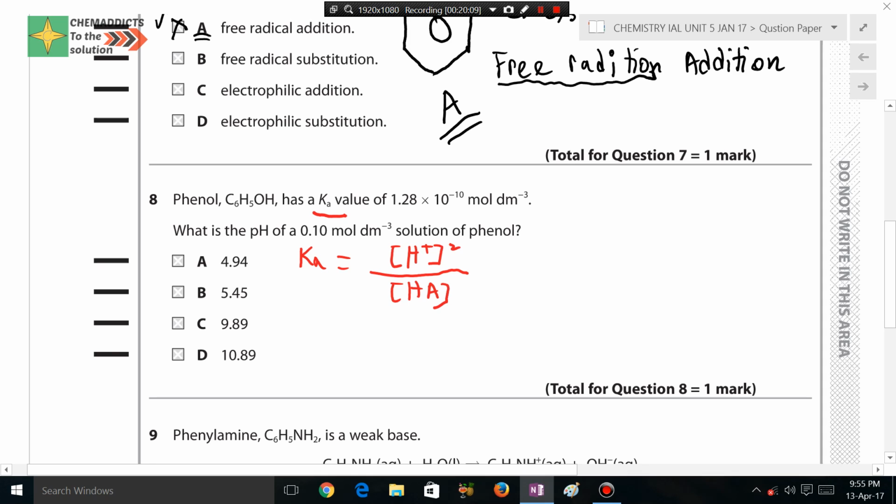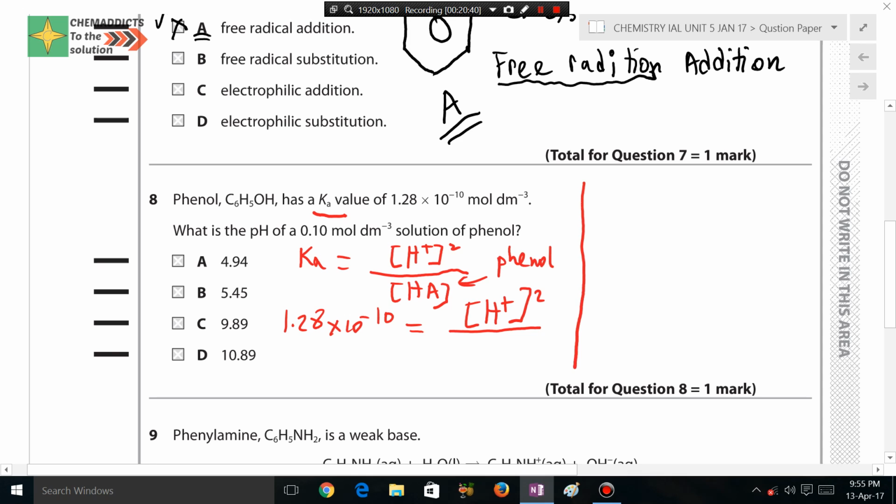Let us substitute the values. The value for Ka is 1.28 into 10 to the power minus 10, which is equivalent to H plus whole square, divided by HA, which in this case is phenol.